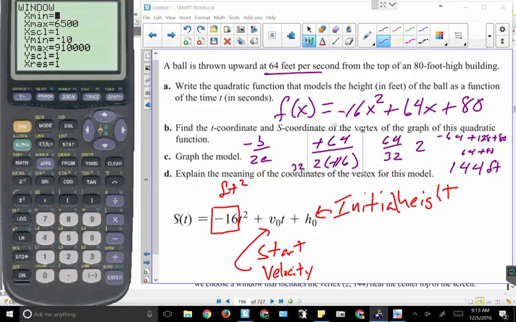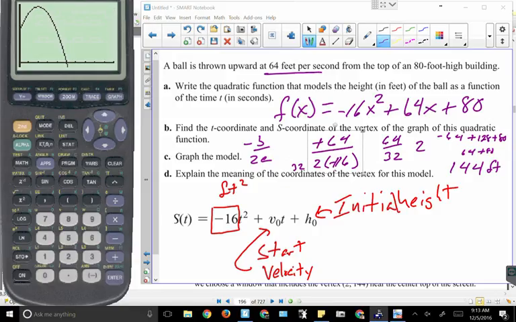Probably not. Would 10 seconds probably be more than sufficient? And the answer probably is going to be yes. Considering it reaches its apex at 2 seconds again. It's got 8 more seconds to go, but then again, we were already 80 feet high. So we'll give it a little. Again, I'm still going to leave y minimum at negative 10. What should be my maximum height? Well, the vertex is supposed to be at 144. Would 150 be sufficient to graph? So we hit graph.